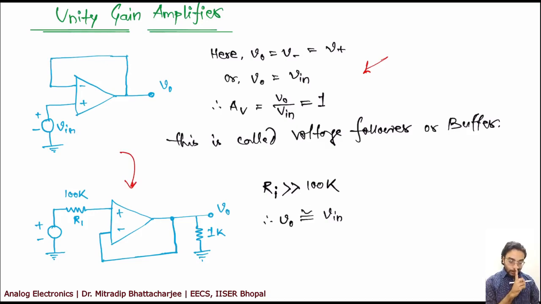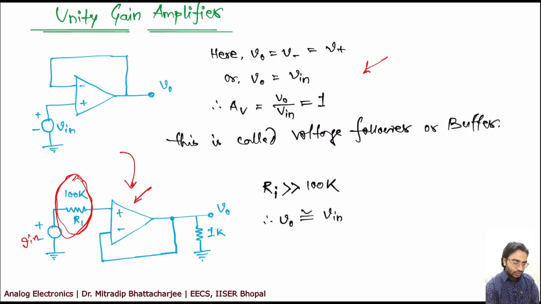What I did is put this 100 kilo ohm resistor in series towards the input side. This is your Vin, right? If you put this 100 kilo ohm resistance on the input side, what is the condition for this OPAMP to work as a nice unity gain circuit?